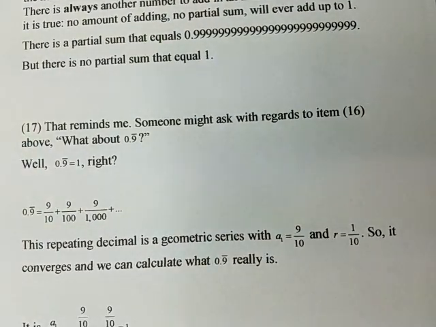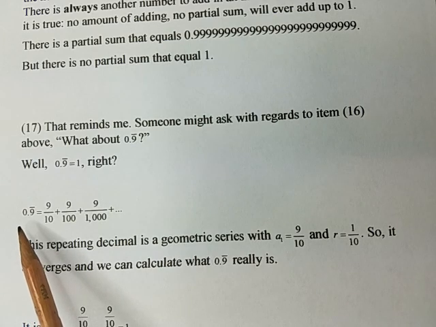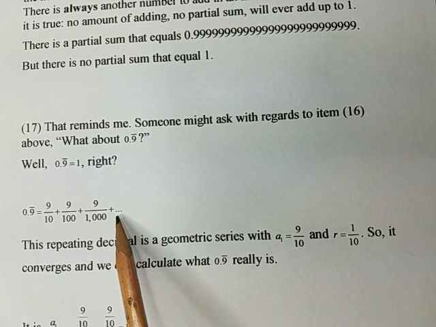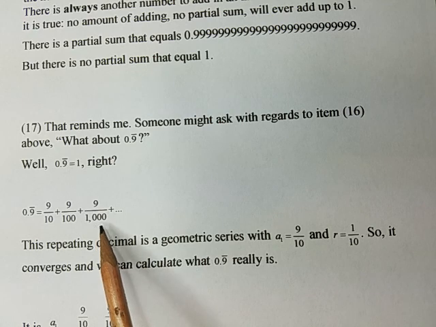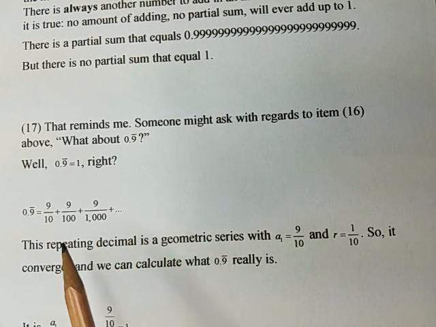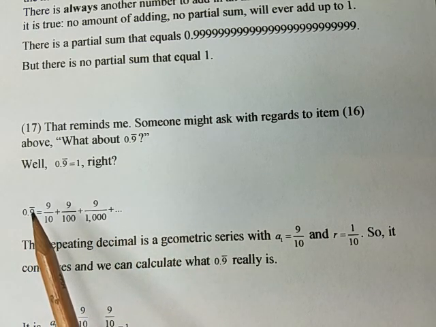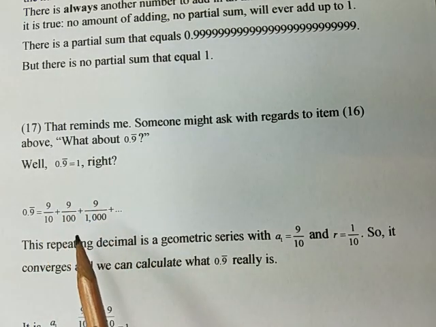Well, it's relevant to what we're learning. So 0.9 bar is a repeating decimal. And you could write it like this: 0.9 plus 0.09 plus 0.009, right? And keep going. That'll get you 0.9 bar, 0.9 repeating.